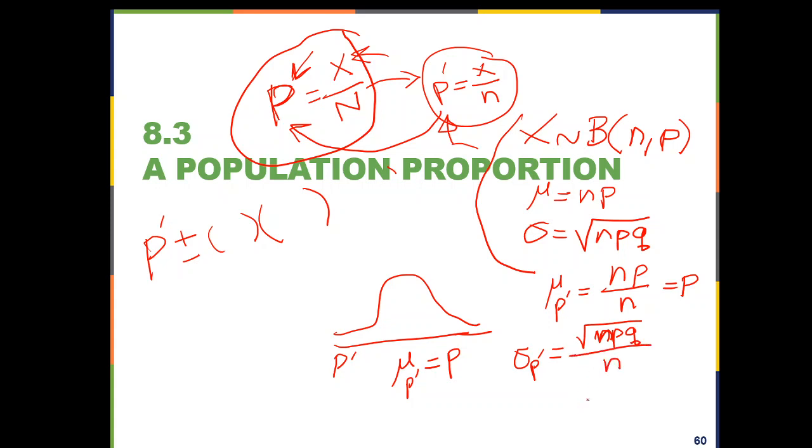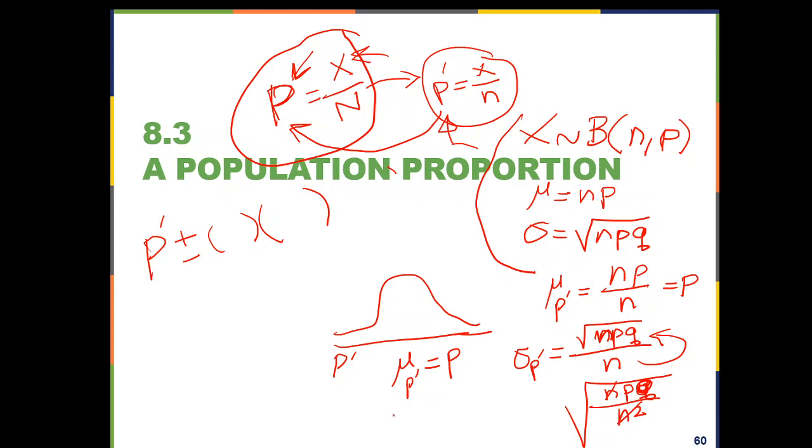Now if you put this n inside the square root, you have to square it. So we have the square root of npq over n squared, and n cancels one of these.